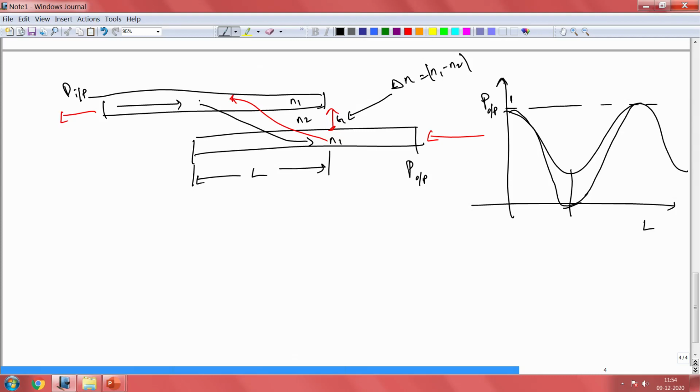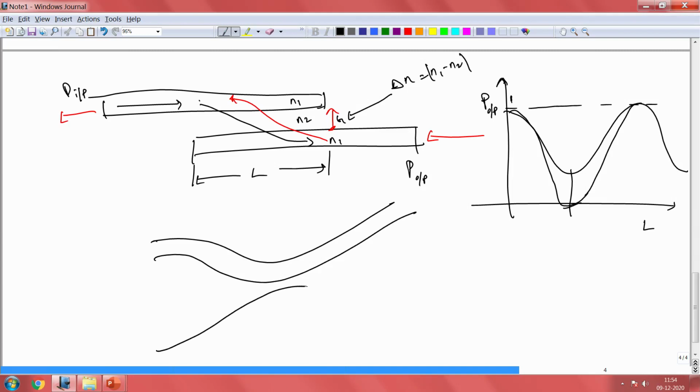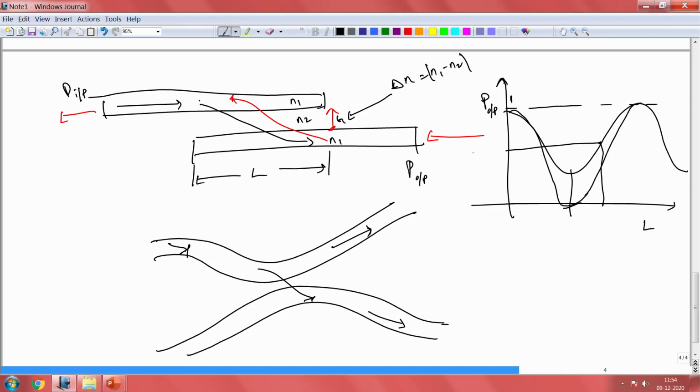So, by doing this, you can couple light from one waveguide to the other. With a waveguide like this, I can put some light here, and because of the cross coupling you will see light through this. So, I can pick a center point or operating point here where it is 0.5 coupling.